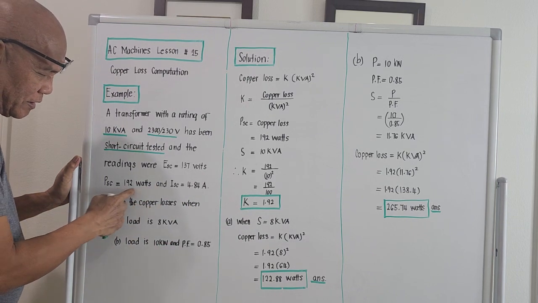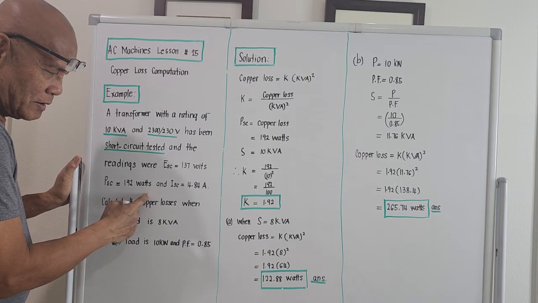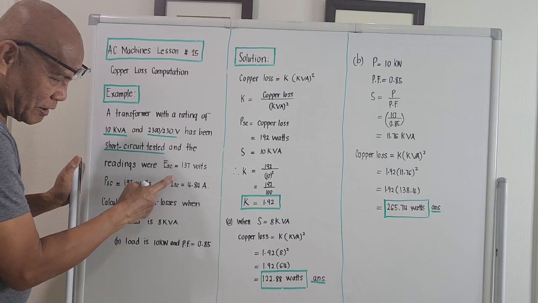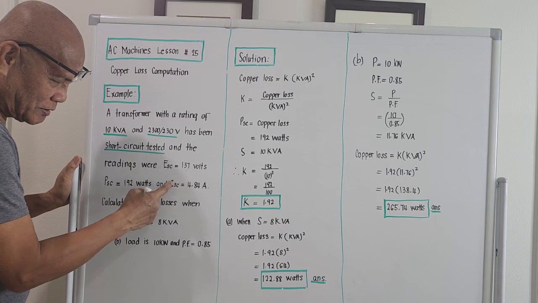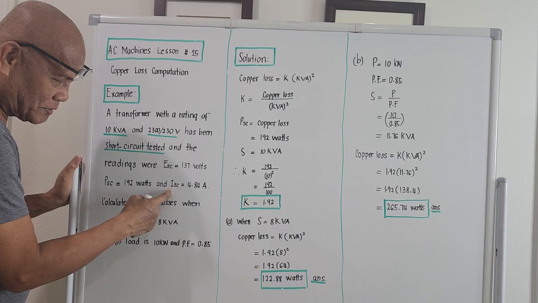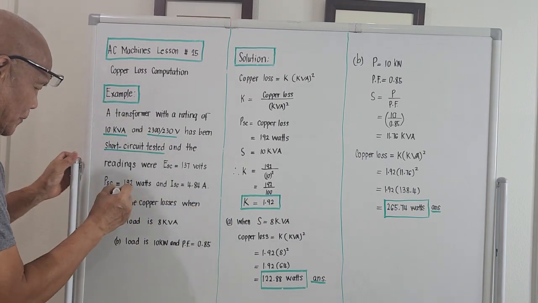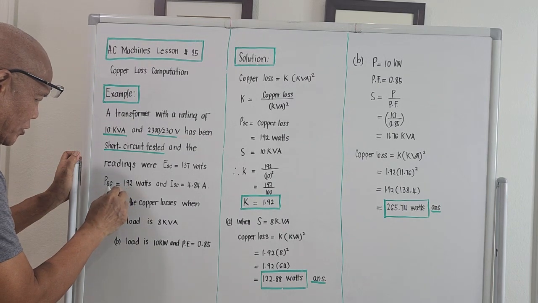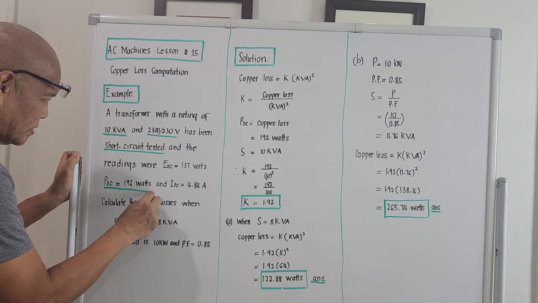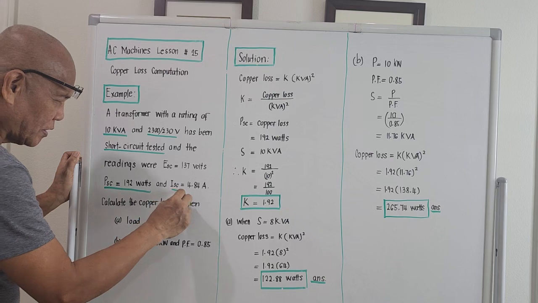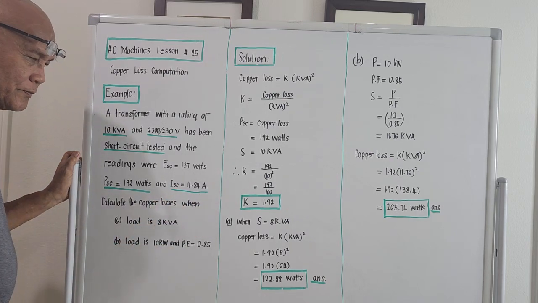And the reading is 192 watts. And the short circuit current, capital letter I with the subscript SC, is 4.84 amperes. So power during the short circuit test is 192 watts and the short circuit current is 4.84 amperes. Okay.